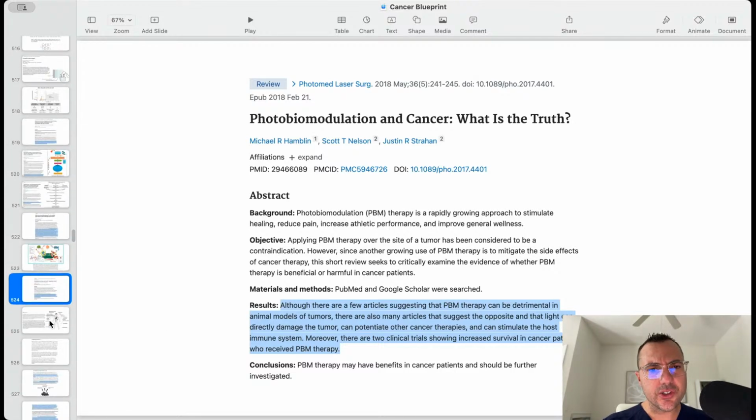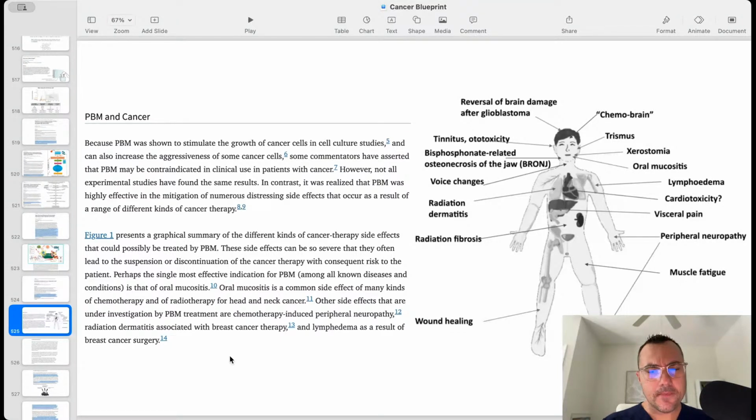So I'm going to start out with probably where the majority of medicine would like to keep PBM, just as a way, kind of like acupuncture or yoga or meditation. They don't want to look at whether or not it helps cancer, like the tumor gets smaller or people live longer.